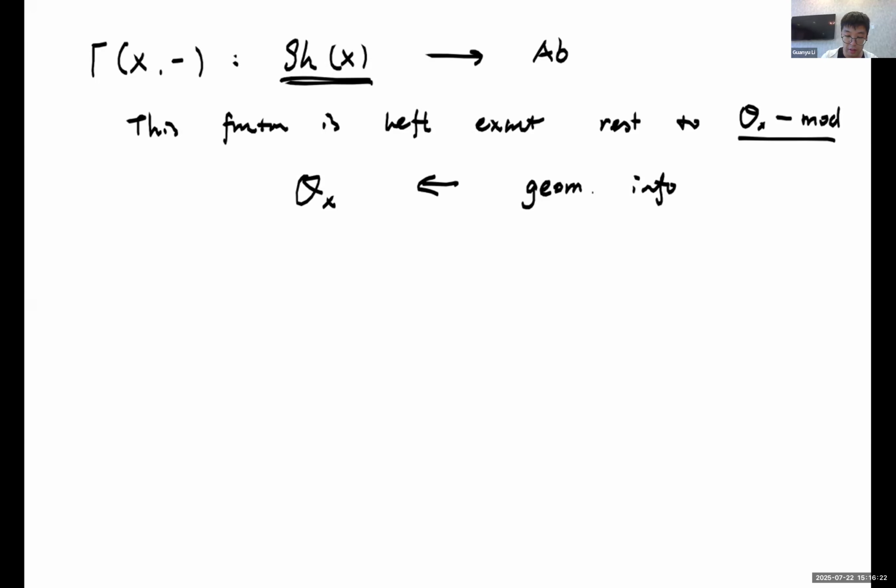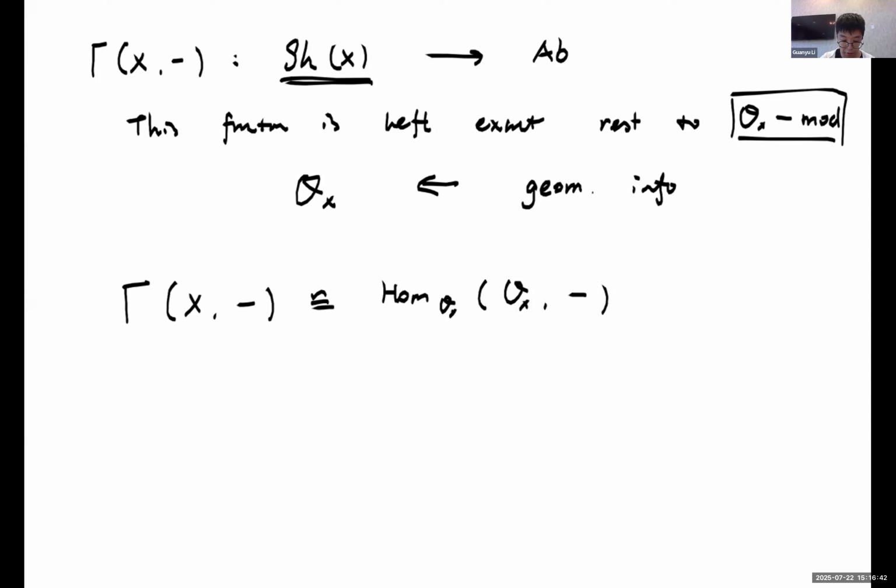And this functor is left exact restricted onto the subcategory because it is isomorphic to the functor of OX modules, from OX-mod to abelian groups, or actually k-vector spaces.